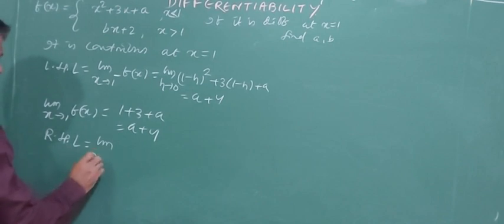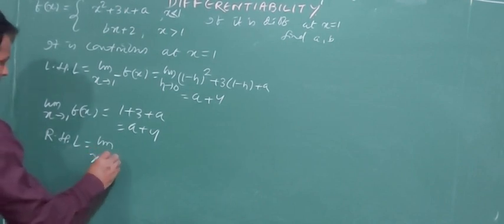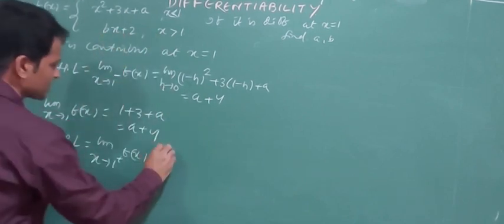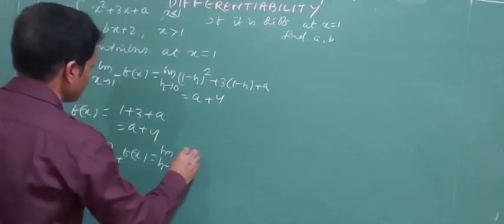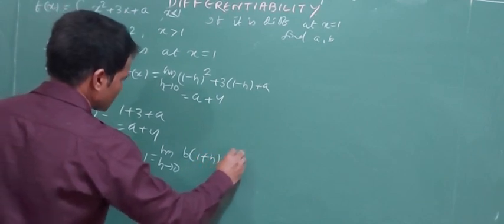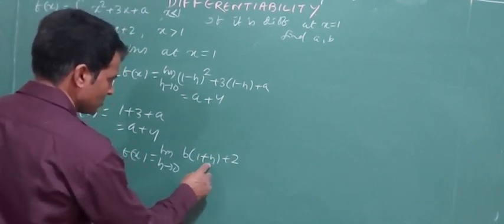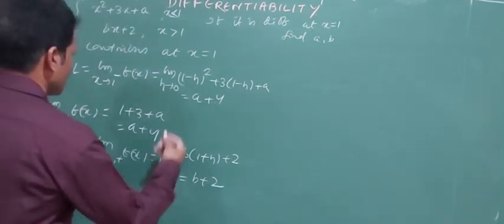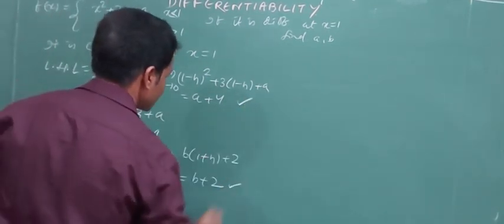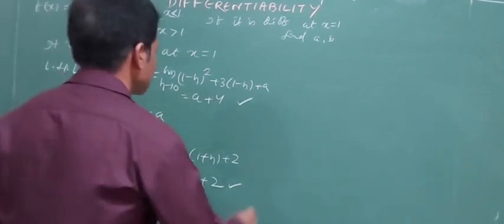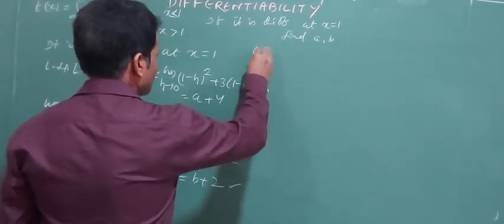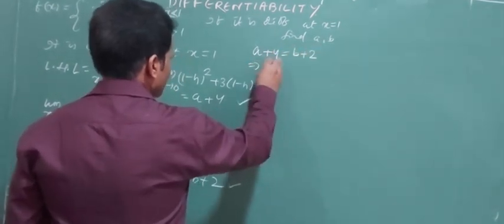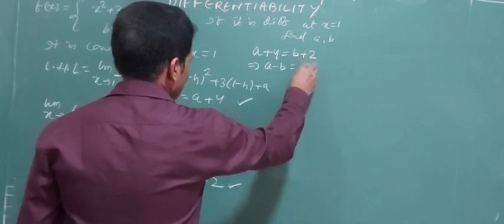Right hand limit, limit x tends to 1 plus f(x). Replace it here: limit h tends to 0, b into (1 plus h) plus 2. Replace h with 0, I get b plus 2. That means the first equation I got. This value must be equal to this. So I got a condition here: a plus 4 is equals to b plus 2, or a minus b is equals to minus 2.